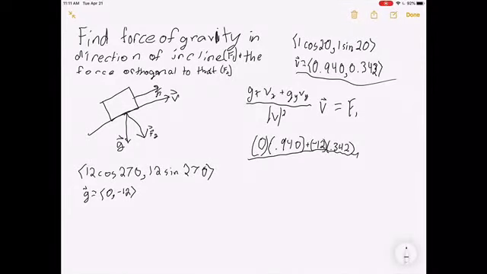That is over V squared, and V, that's the force of V. The force of V we just put as 1 again, so 1 squared, that's 1.